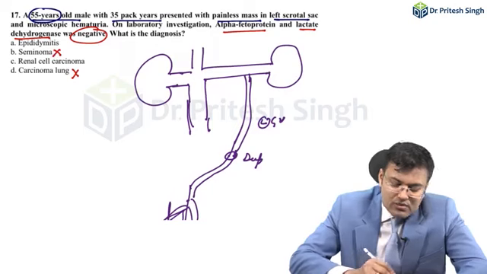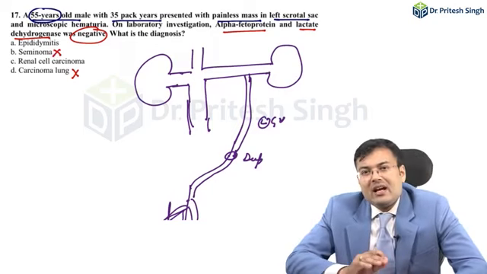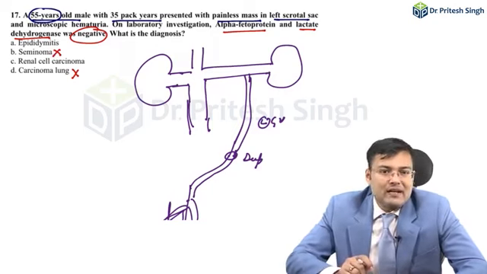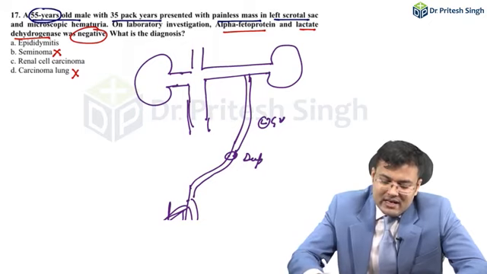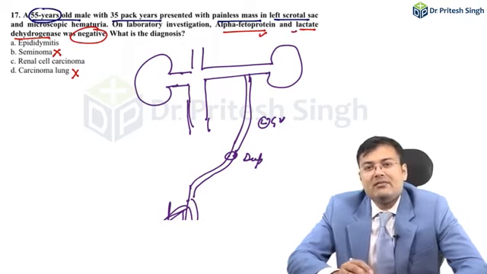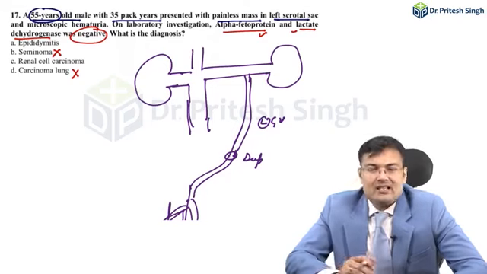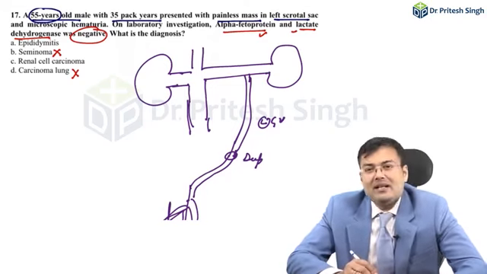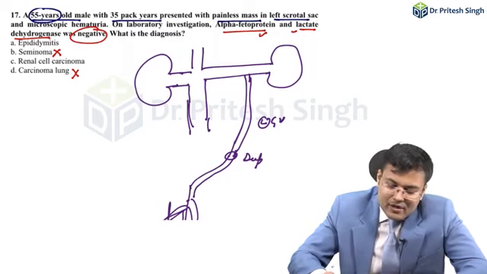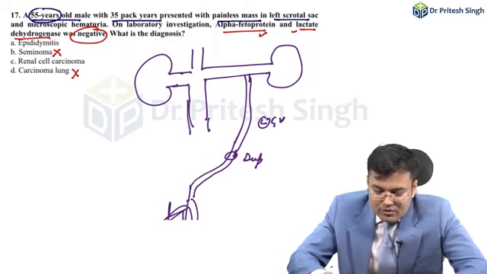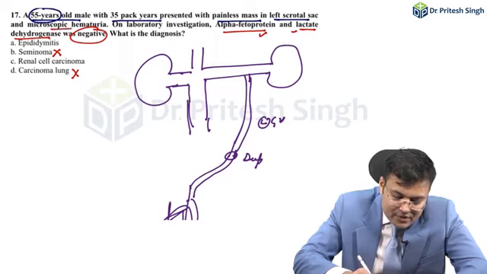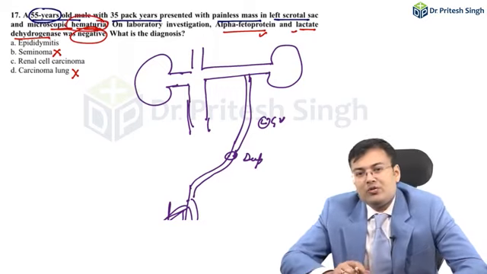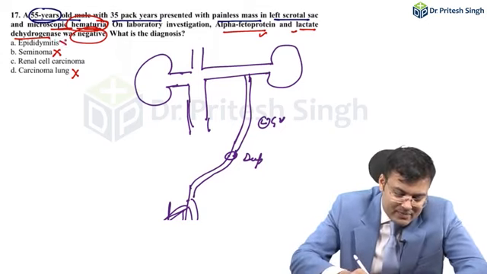Seminoma is ruled out. Why? Age 55 years and smoking is not a risk factor. Alpha fetoprotein and LDH tumor markers are negative, which is against a testicular tumor. Epididymitis is ruled out. Why? Because there is a mass in the left scrotal sac and there is microscopic hematuria. There is no hematuria in epididymitis.